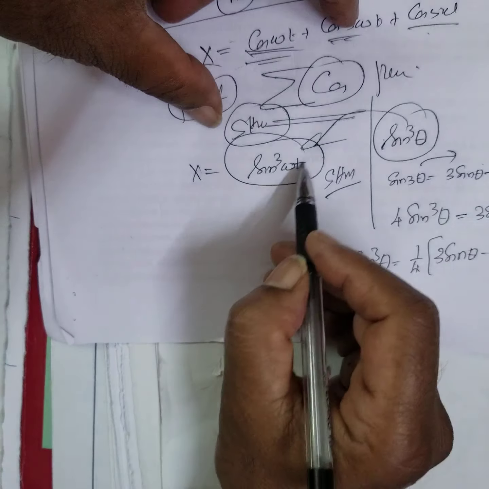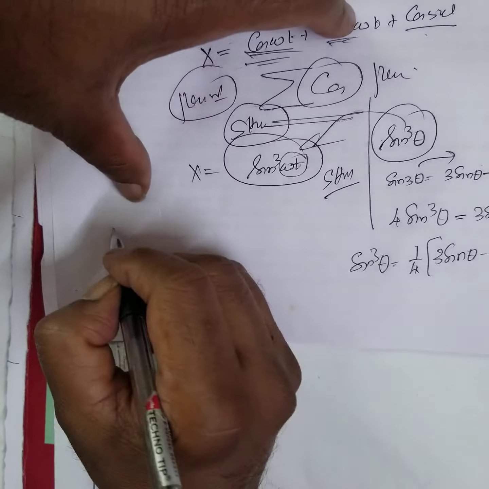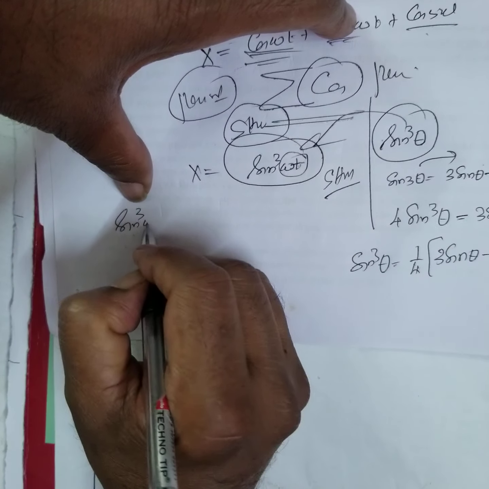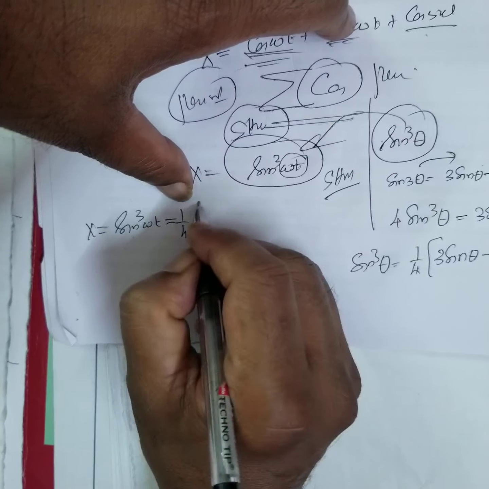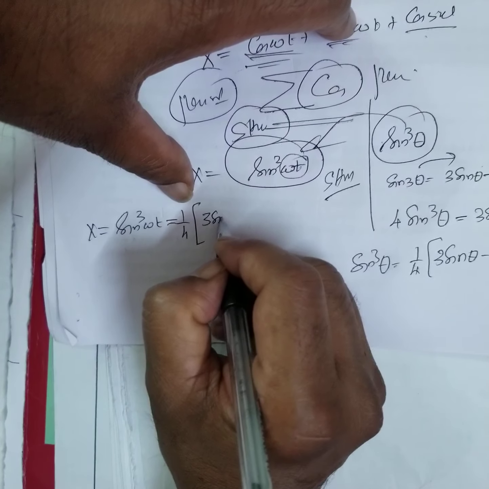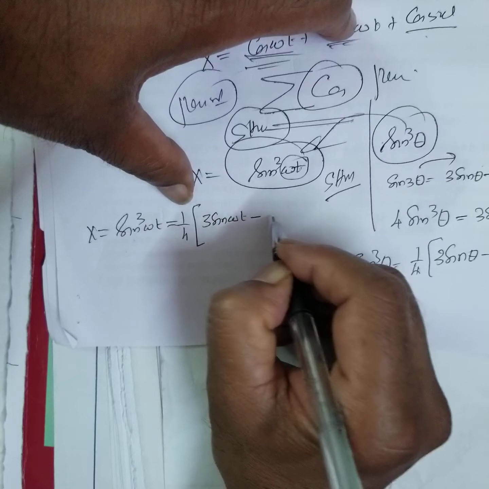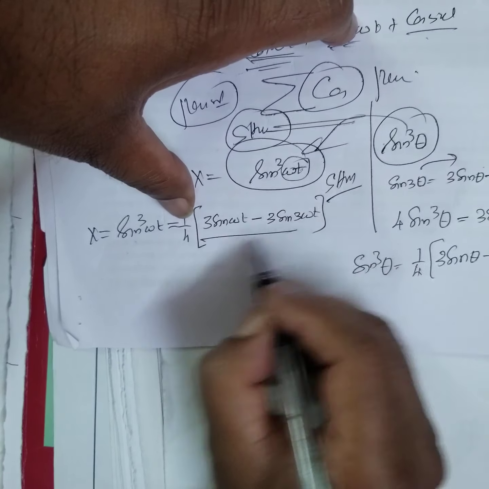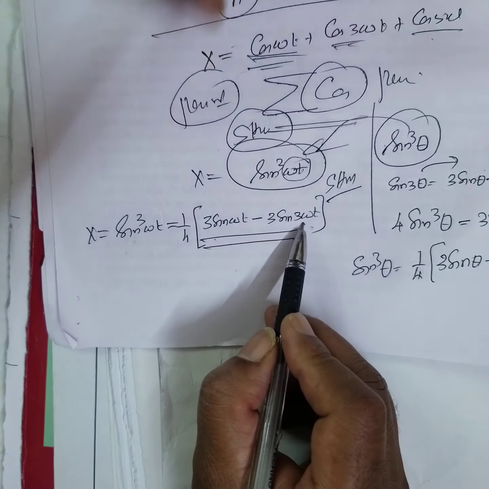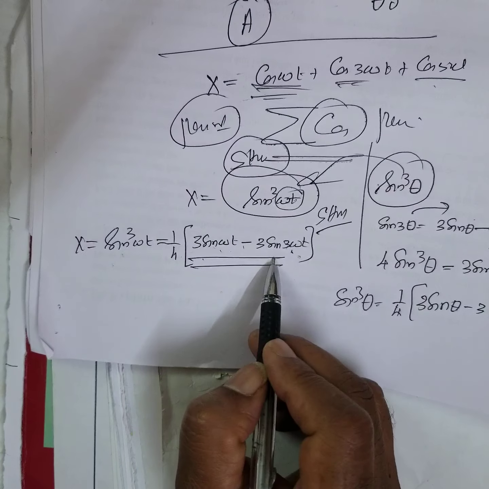Now theta is omega t. Therefore, sine cube omega t, that is x, is equal to 1/4 of 3 sine omega t minus sine 3 omega t. This is what? A linear combination of sines only.